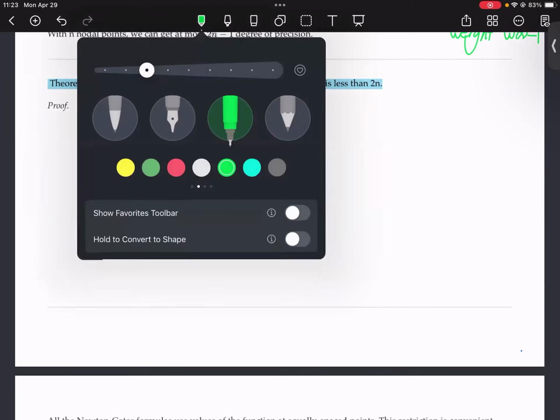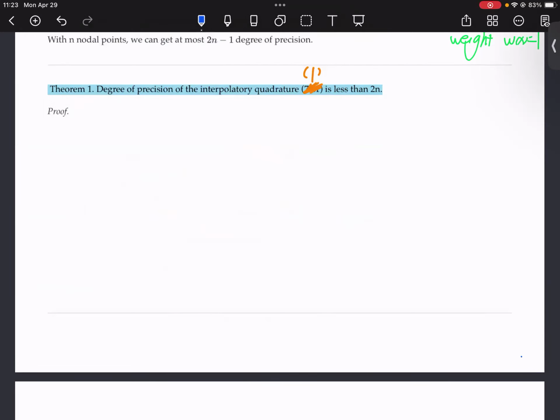So first, we are going to prove that the degree of precision of the interpolatory quadratures is at least n and less than 2n. If you remember the definition of the degree of precision, we plug in x to the power k, which means that it is accurate up to this polynomial degree. So if we plug in f(x) equals x to the 2n minus 1, this quadrature rule is exact.